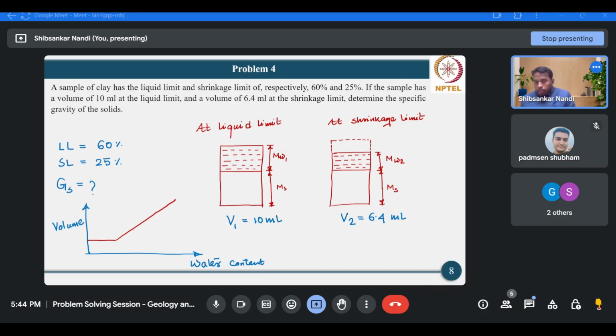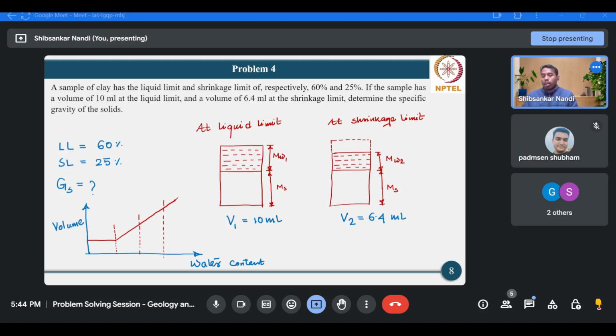Now, this behavior can be grouped or categorized into different zones. Suppose this is one zone, this is one zone, and this is one zone. Now, what is the significance of this behavior? If you reduce the water content, your volume will also go on decreasing.